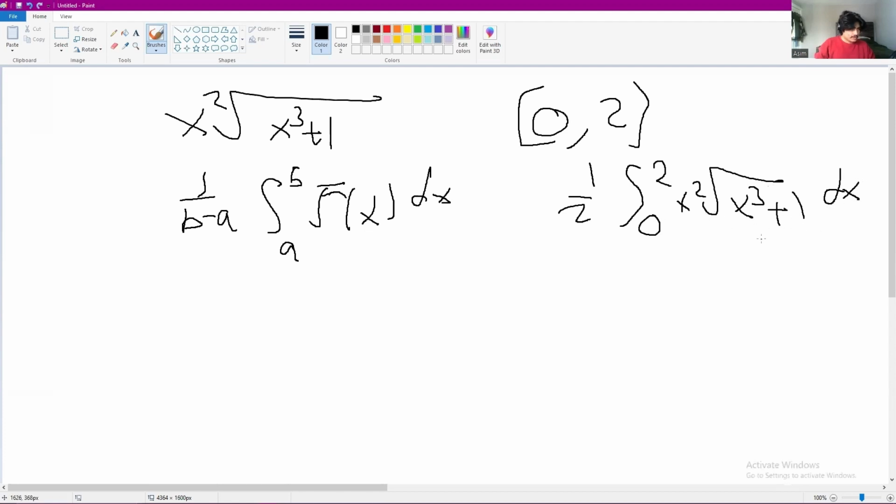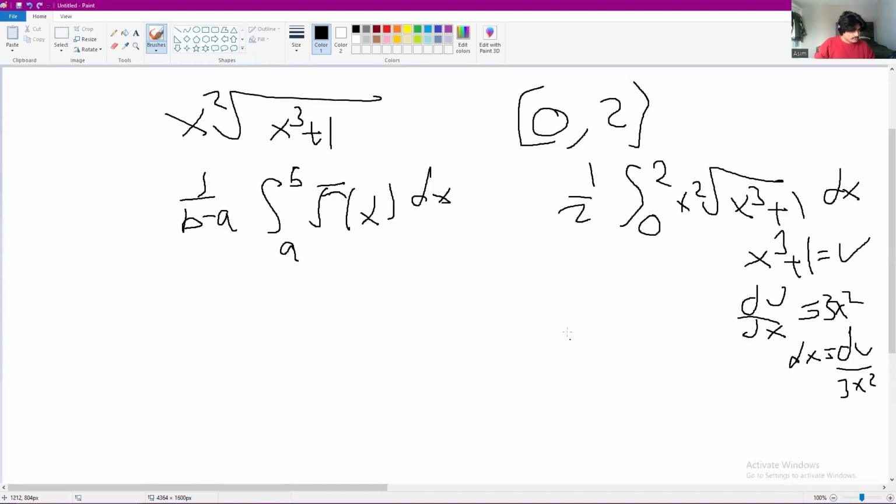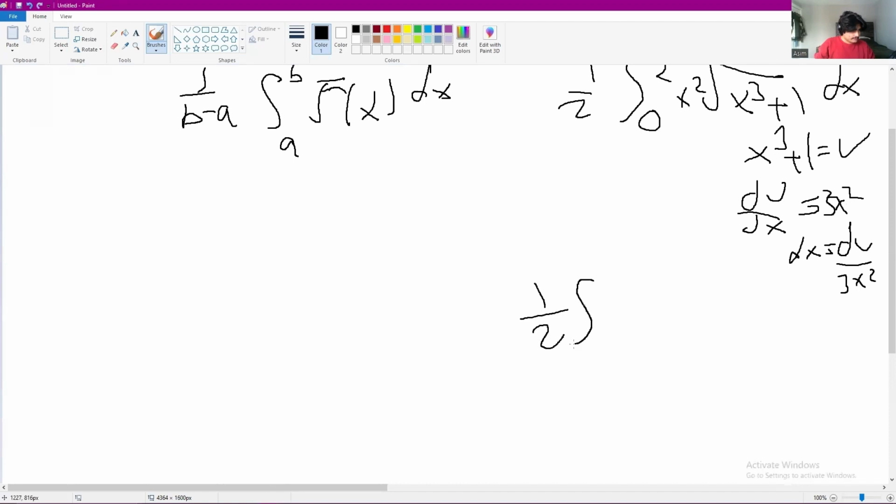So in here, I can just use u substitution. So x cubed plus 1 is equal to u. So du/dx is going to be 3x squared, and dx is going to be du over 3x squared. So I'm just going to rewrite this as 1/2 integral of x squared, square root of u times du over 3x squared.